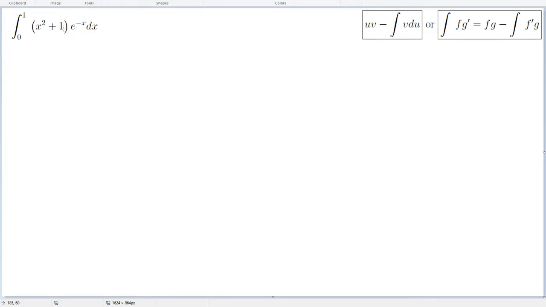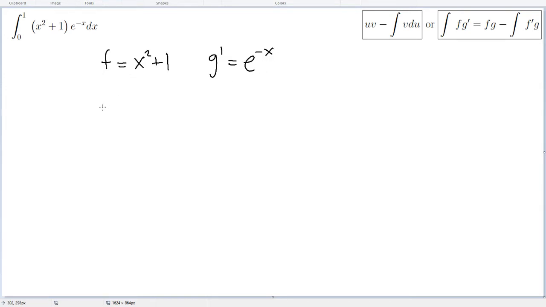So let's work on integrating by parts. We're going to derive the polynomial as always. So f is x squared plus 1, and I want to integrate e to the negative x. So I want to derive x squared plus 1, and I want to integrate e to the power of negative x.